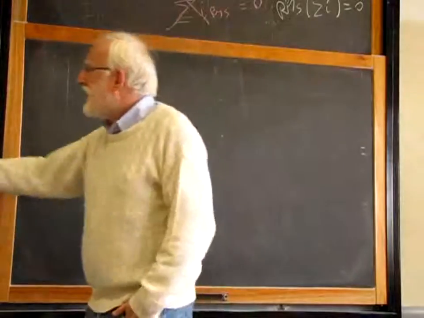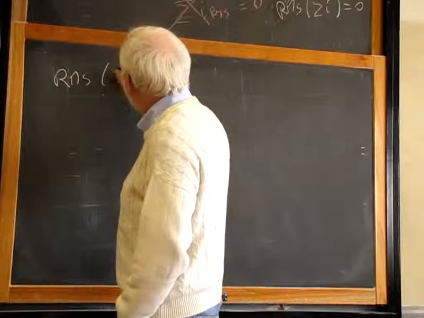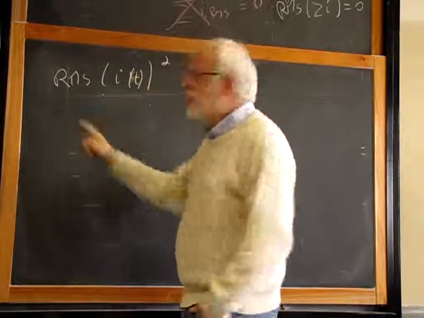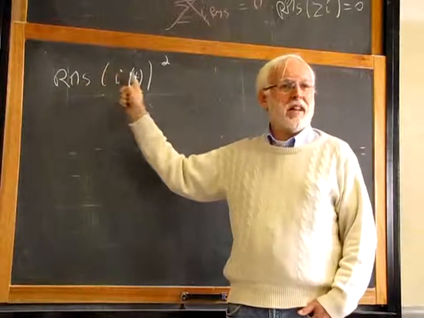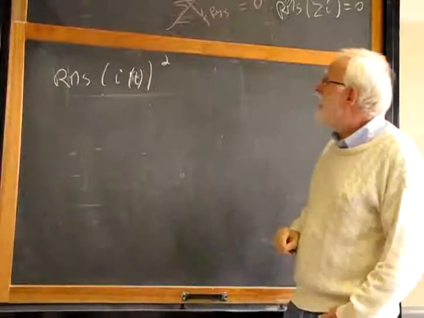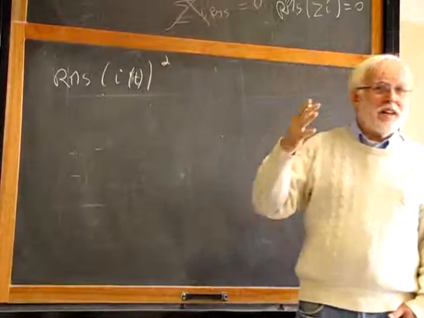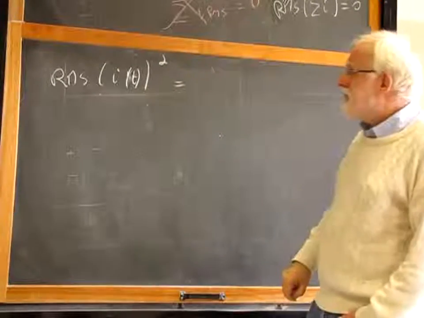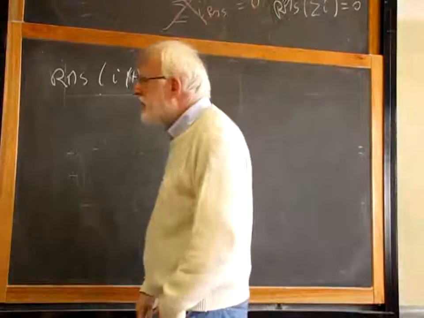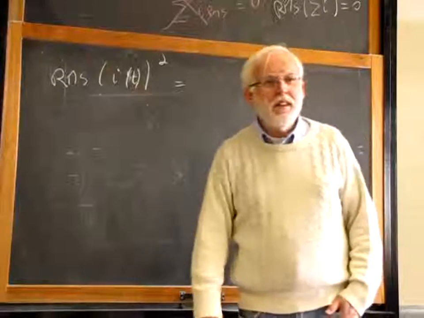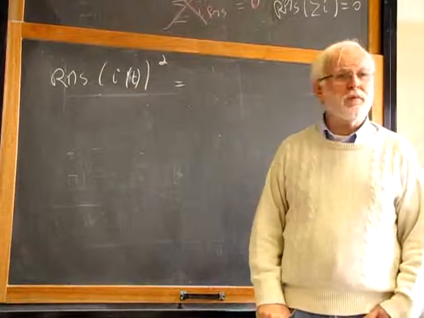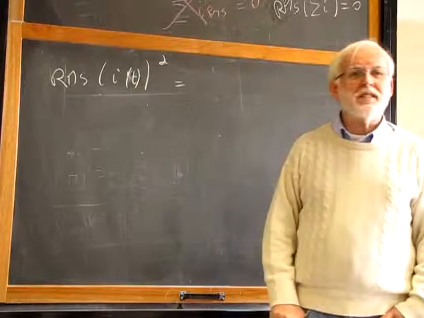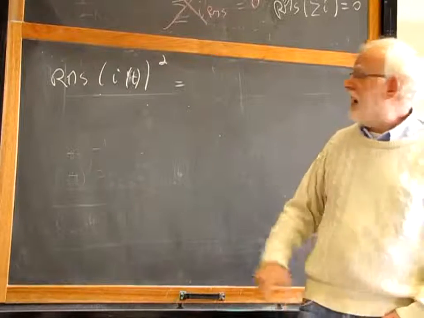So, let's see. The RMS value of i(t) squared. Well, it's not RMS squared, it means just mean square, but it's called RMS in any case. And this i(t) is made of a DC component plus an AC component. So we get: what is the first integral we wrote on that slide? It's I_DC squared integrated from 0 to T_sw. I_DC is a constant, it moves out from the integral, and so the first term is just I_DC squared.